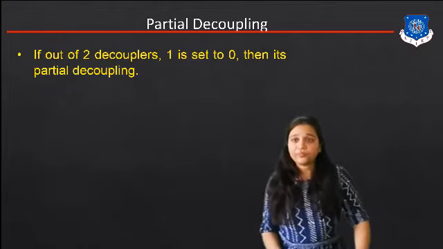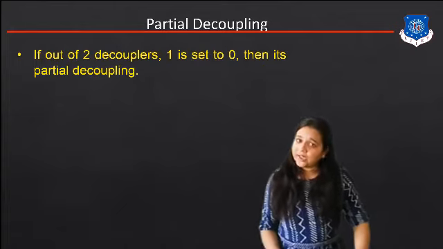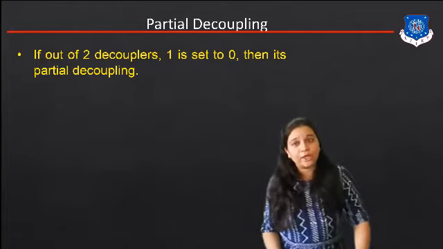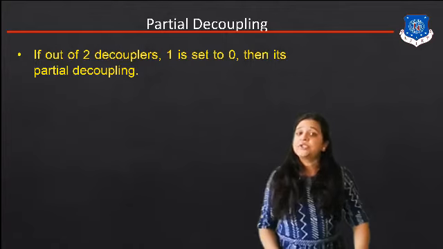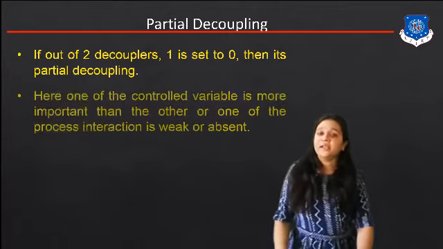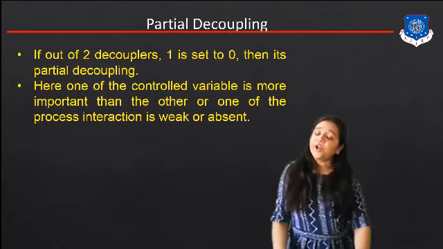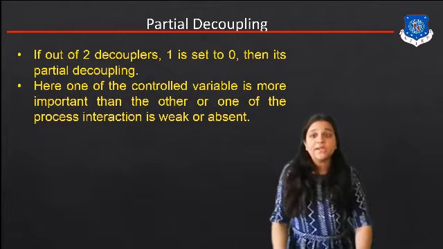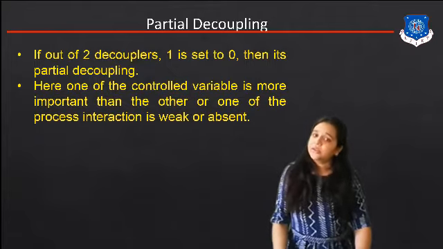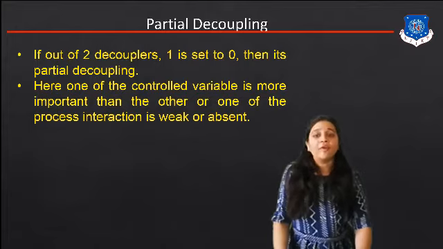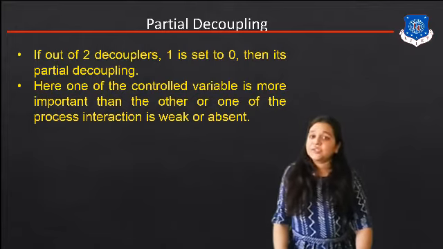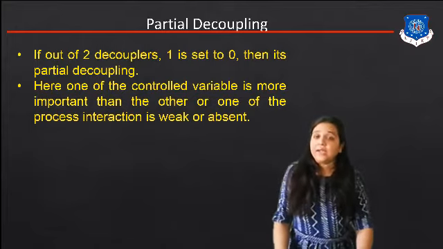If out of the two decouplers one is set to 0, then it is known as partial decoupling. Here one of the controlled variables is more important than the other, or one of the process interactions is weak or absent. That time we have to use partial decoupling.